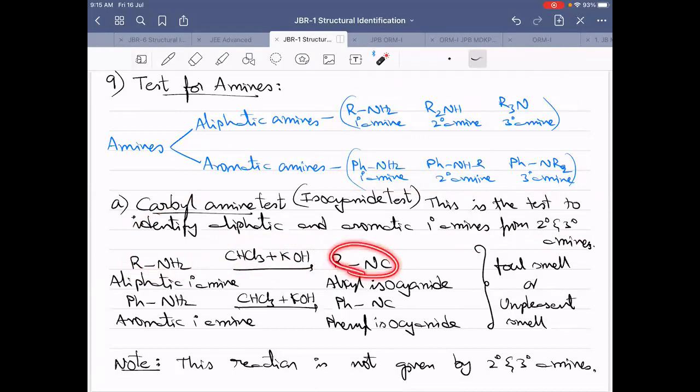These isocyanides, alkyl isocyanide and similarly phenyl isocyanide, are very unpleasant smelling compounds. Easily one can recognize, if any person is passing through the chemistry lab, that this candidate is doing the isocyanide test. That much bad smell it will give. And this reaction is not given by secondary and tertiary amines. That means these four compounds will not give this reaction. Okay, na? Copy this page.